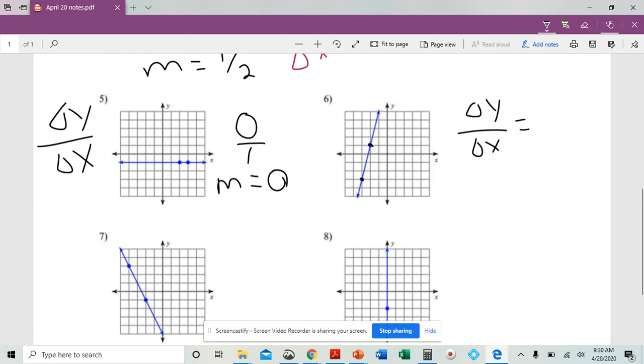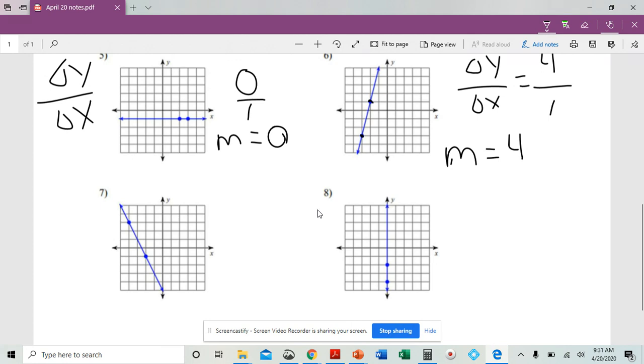So our change in y is 4. And our change in x, from here to this point here, how many units did we go over to the side? Well, we're going to count right here. 1. 1 we went. Our run was 1. So our slope is 4 over 1, which just equals 4.